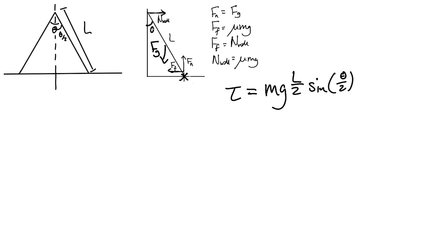So our theta here is going to be theta over 2. So this is going to be that, and that's technically pulling clockwise. So we can set this to be negative plus our normal force from the wall. Oh, wait, no. We can just make this minus our normal force from the wall.